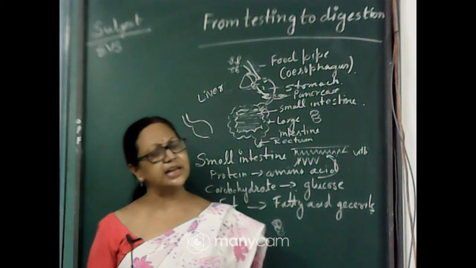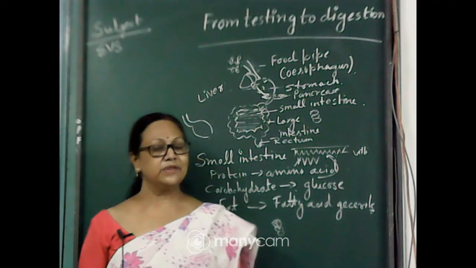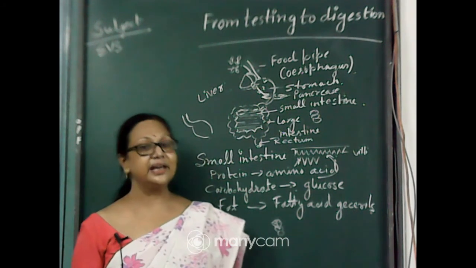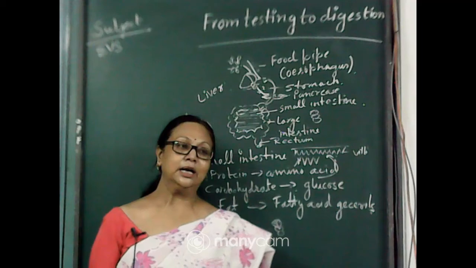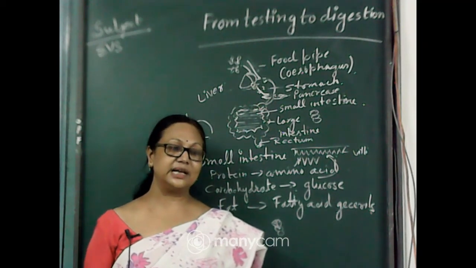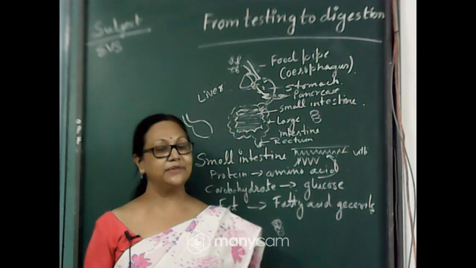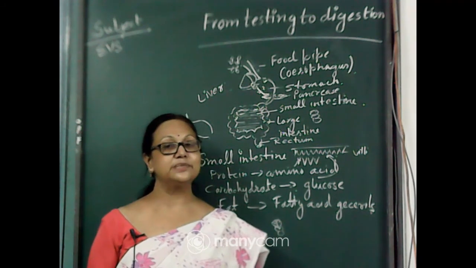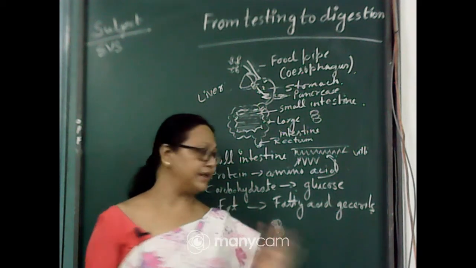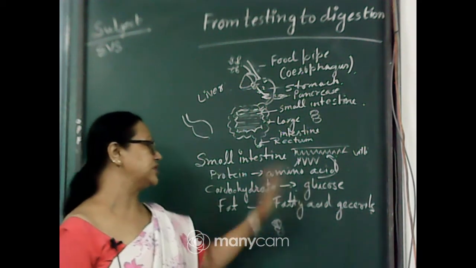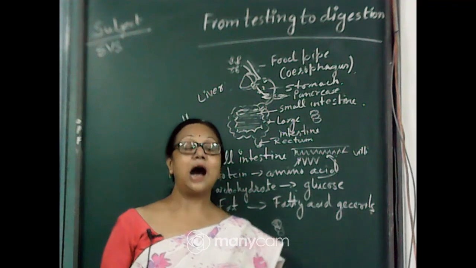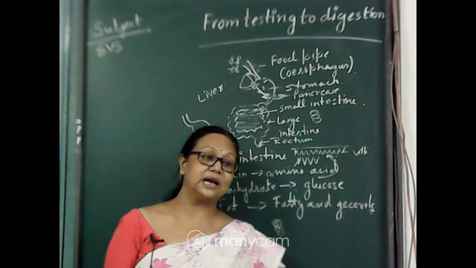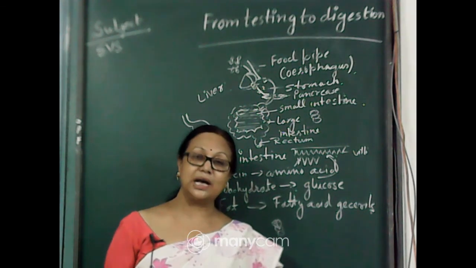But he was working normally. There was no problem in his everyday routine, and it was a very golden opportunity for the doctors to study whatever was going on inside. So they studied a lot through Martin: how the food is converted into amino acid, how the food changes into glucose, and how much and what type of enzymes are secreted within the stomach, and they are helpful to people.